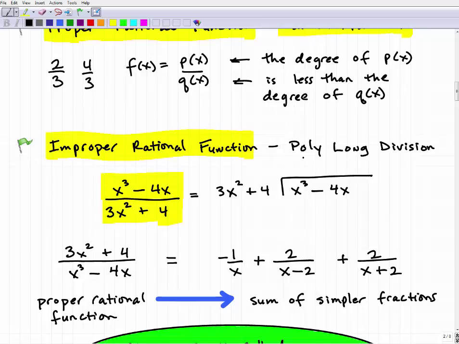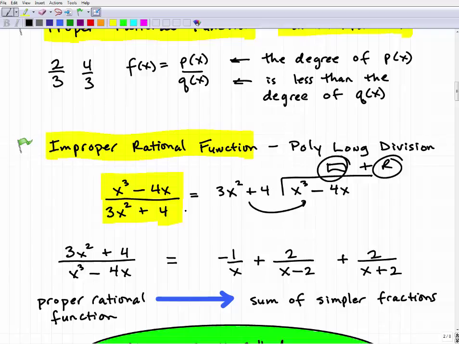This goes along with synthetic division. Remember, we're trying to find the zeros of polynomials. But I can divide this into this, and I'll end up getting an answer plus a remainder. So basically I'm going to end up with two smaller parts. So when you have an improper rational function, you could perform long division, which is going to definitely help you out. But anyways, the majority of our focus is going to be on these proper rational functions with partial fractions.